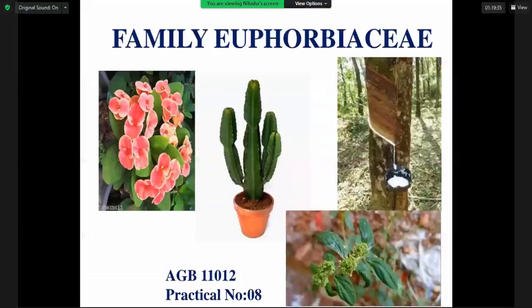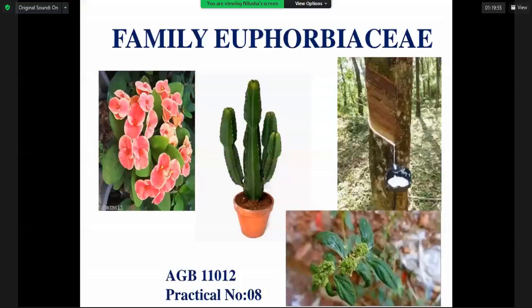Can you see my slide? Yes, ma'am. This practical number is also 6. Both family Malvaceae and family Euphorbiaceae are coming under the sixth practical.